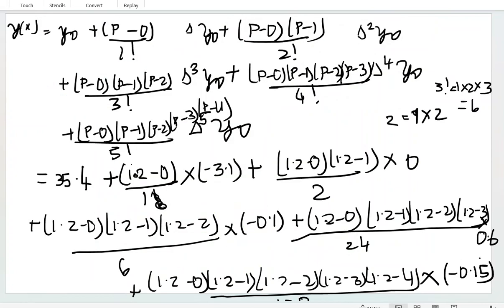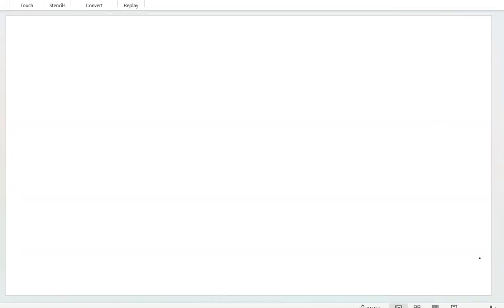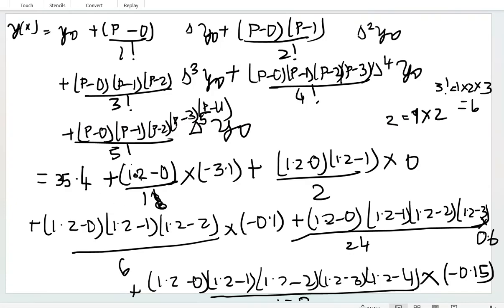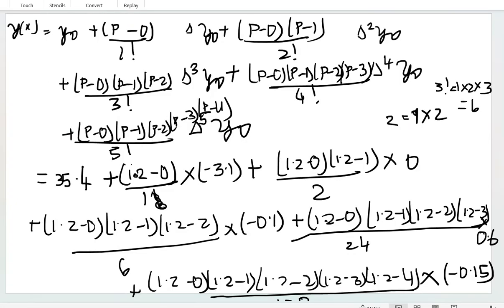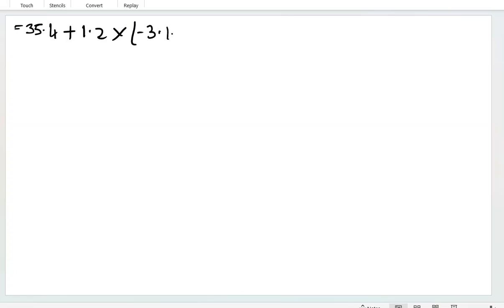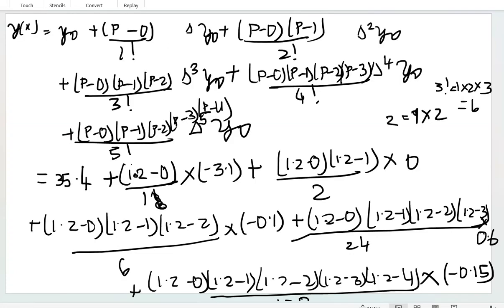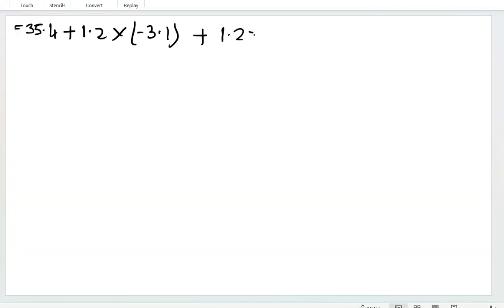Now what you have to do is, you have to do the internal calculations. So first do the subtraction, then do multiplication, then do division. So we are left with 35.4, then we are left with 1.2 minus 0 is 1.2, 1.2 into minus 3.1, plus 1.2 into 0.2 upon 2 into 0.